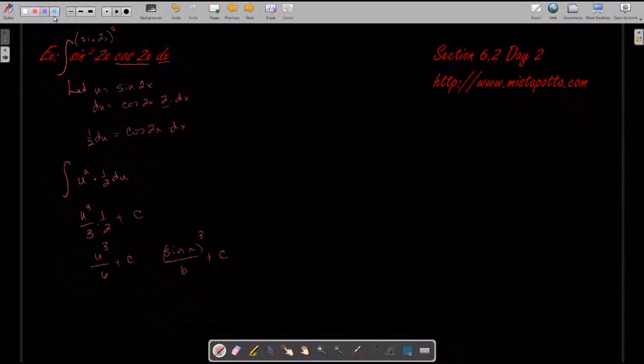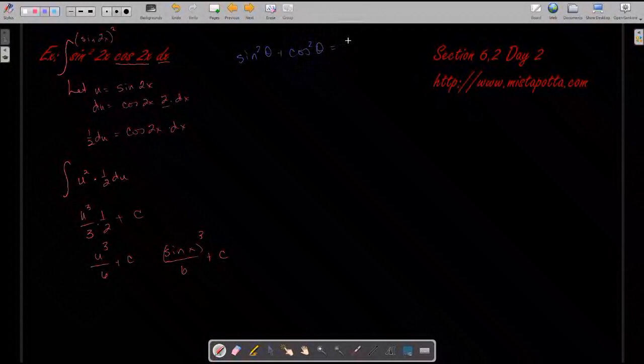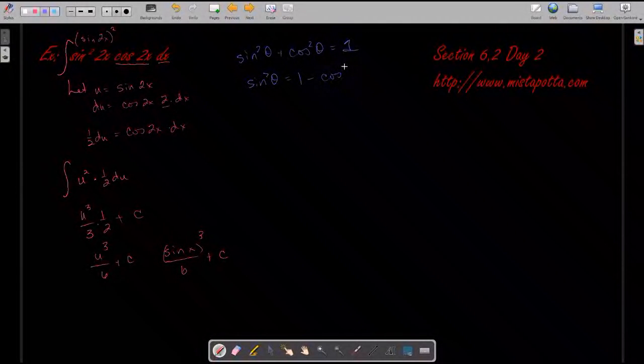But if I try and be clever and I say, oh, well, I know that sine squared theta plus cosine squared theta equals 1, then I can rewrite sine squared theta as being 1 minus cosine squared theta.